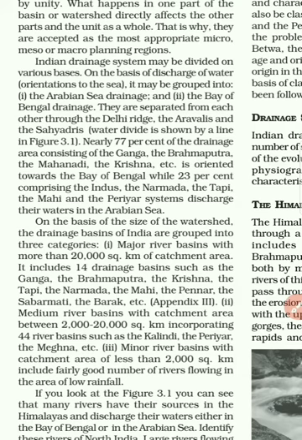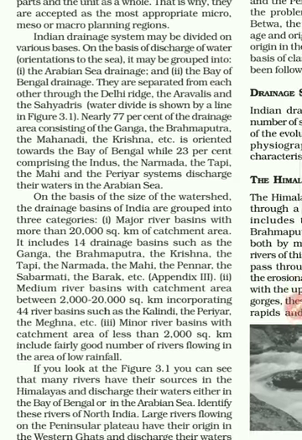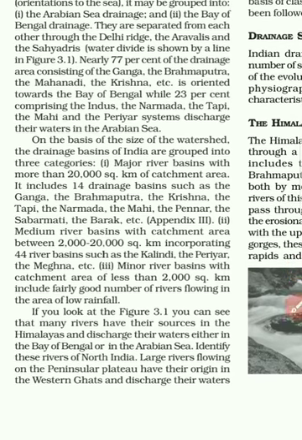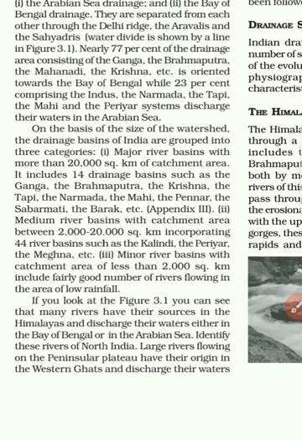Nearly 77% of the drainage area, consisting of Ganga, Brahmaputra, Mahanadi, Krishna, etc., is oriented toward the Bay of Bengal, while 23%, comprising the Indus, Narmada, Tapi, Mahi, and the Periyar system, discharges its water in the Arabian Sea.